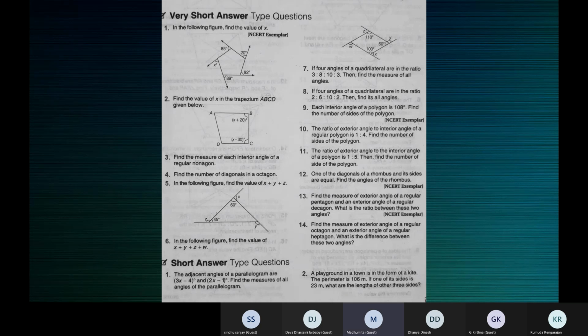Ma'am, should I note the answers in my notebook? Madhumita, I think I'm not audible to you. Yes, I said yes. Please work the answer now during the session. Okay, ma'am.